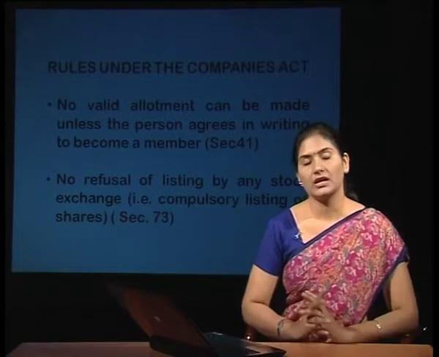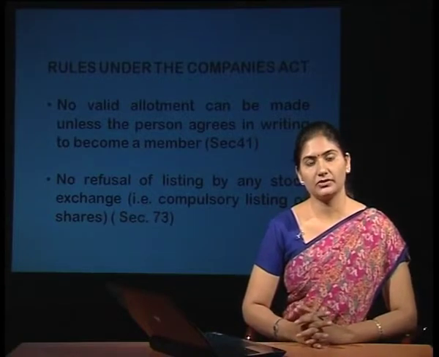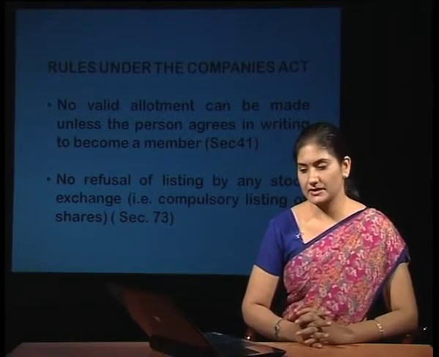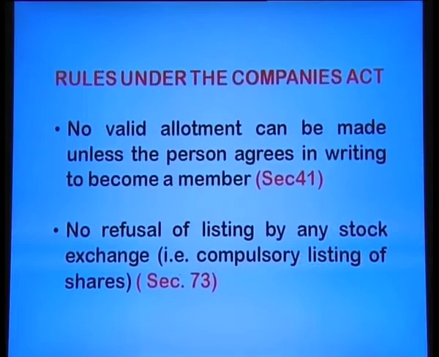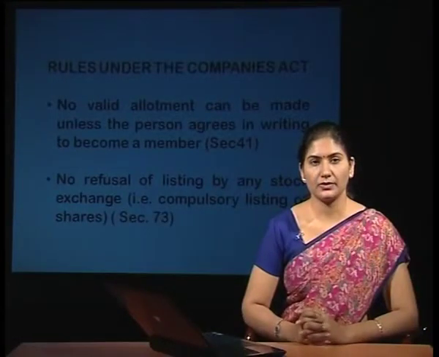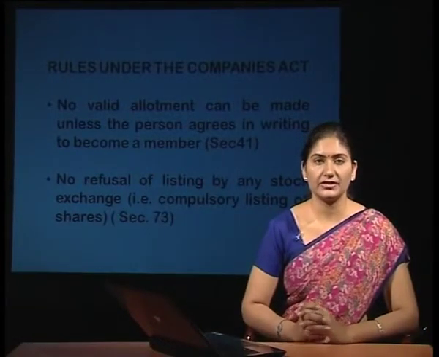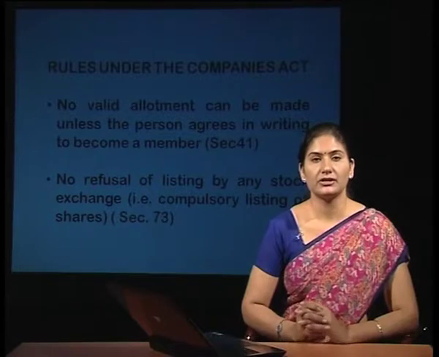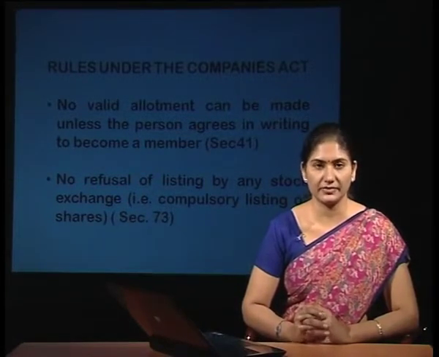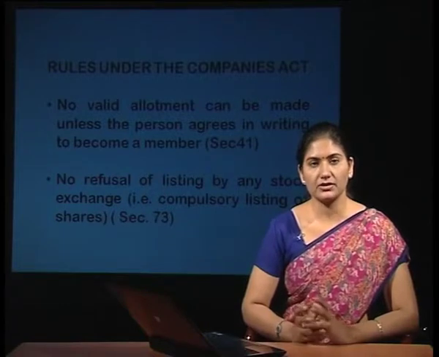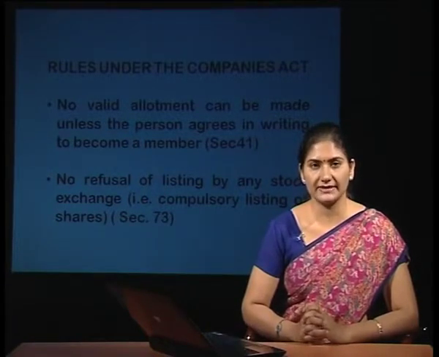Now let us try to know about the rules under the Companies Act. Under section 41, no valid allotment can be made unless the person agrees in writing to become a member. Now this contract, which has been entered into by the shareholder agreeing to subscribe to the shares and the consequent allotment by the company, has already come into existence.